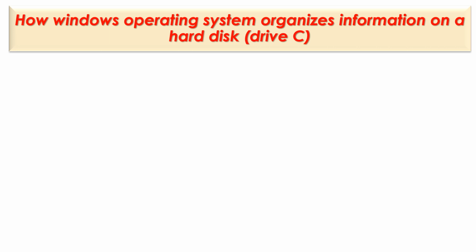So how does the Windows operating system organize information in the hard disk, or drive C? Remember, we said number one is the drive. The drives are the hard disk or the other locations where you save information.